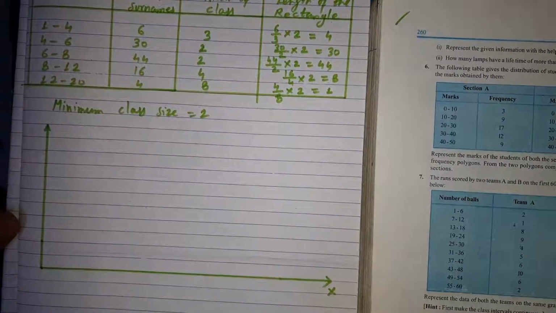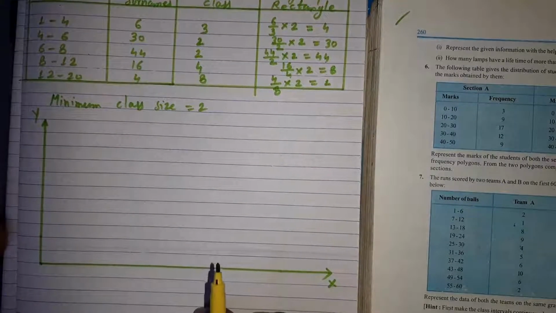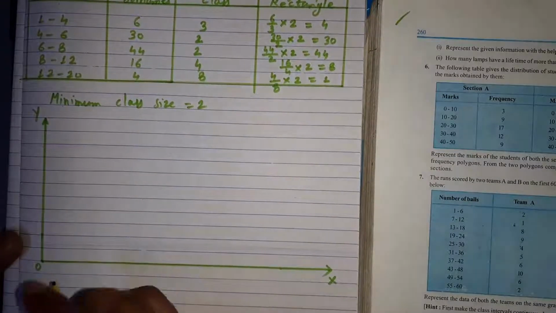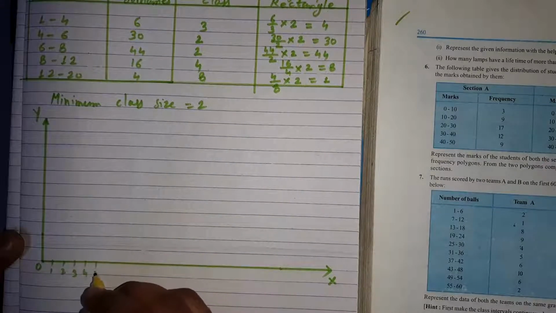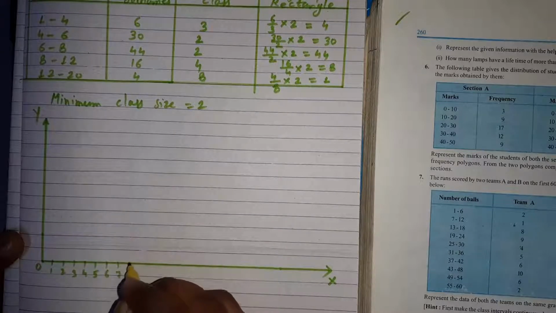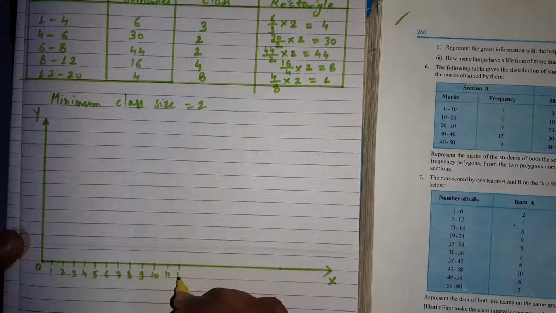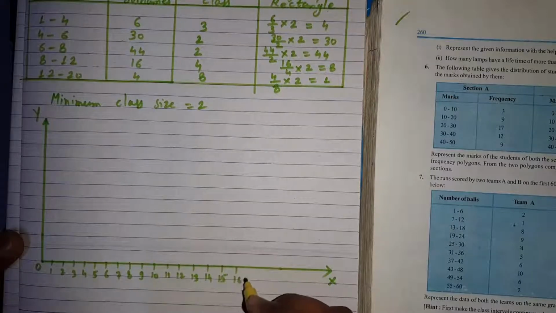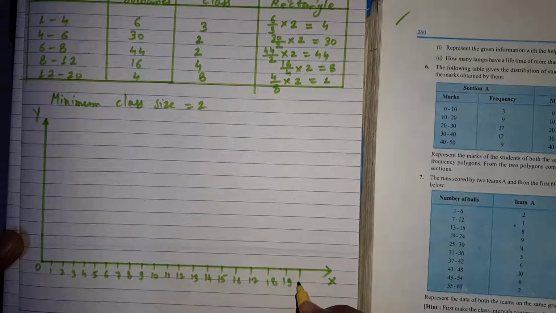So this is the x-axis and this is the y-axis. On the x-axis we are taking the number of letters: 0, 1, 2, 3, up to 20.